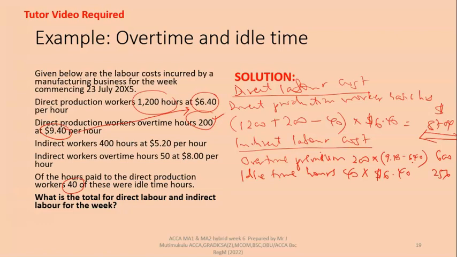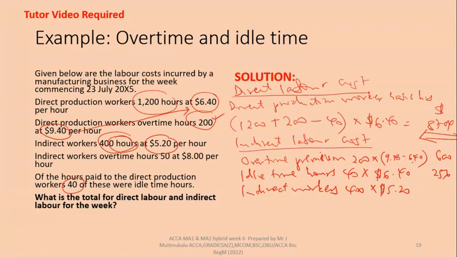Then indirect workers, 400 hours at $5.20. Indirect workers are an indirect labor cost. 400 multiplied by their rate of $5.20, because we are told they worked 400 hours at $5.20.